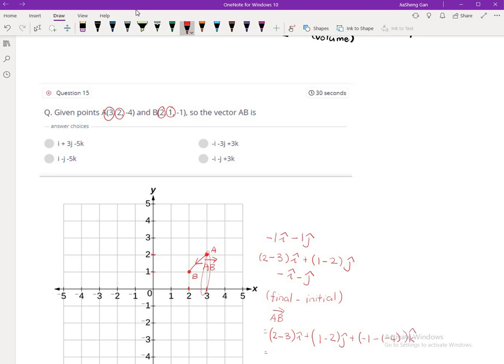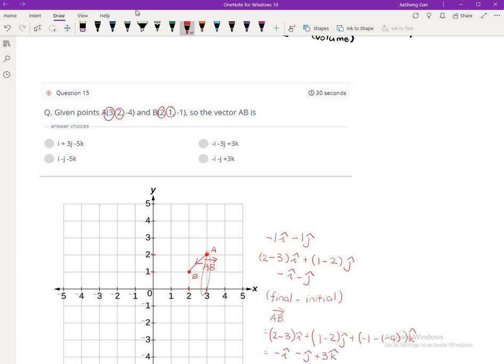And you see the answer will be negative i minus j plus 3.